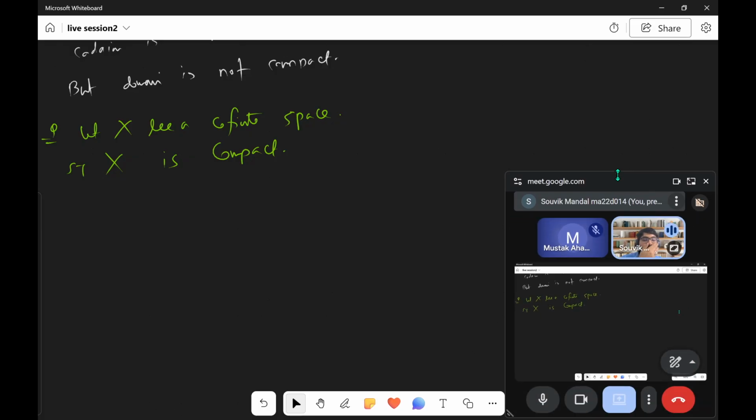So, okay, Mustak, are you able to figure out this problem? That is, cofinite space is compact. Do you have any idea or any guess? Okay, so let me explain.